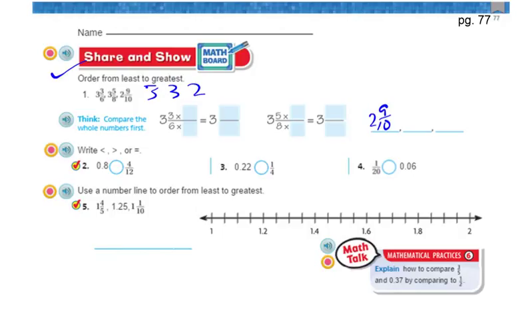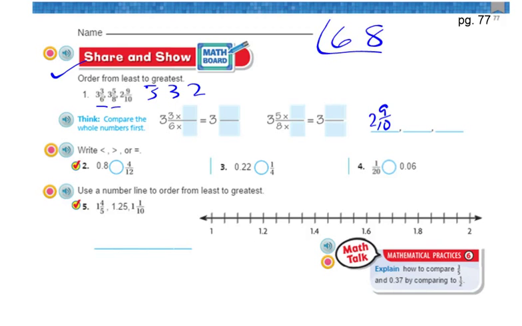Now what I'm going to do is take the fractions 3 and 3/6 and 3 and 5/8, and I'm going to write them using a common denominator. This common denominator will allow me to compare my numerators in order to find that smaller or greater value. So I have the denominators of 6 and 8. I'm going to take 6 and 8 and get them in the ladder.